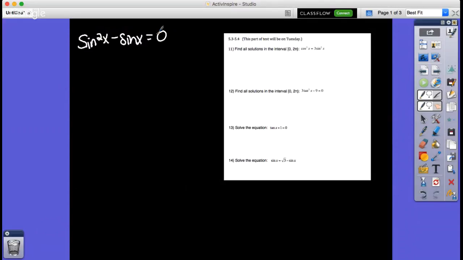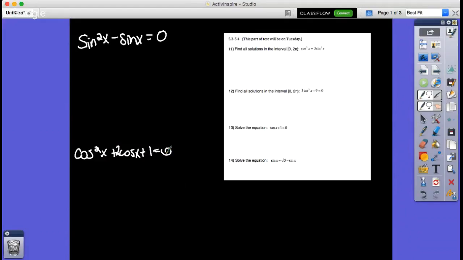Another one to look at, and tomorrow, if you want, ask me about this one: cosine squared of x plus cosine of x minus 6 equals 0. Or even better, I think we had one today that was like plus 2x plus 1 equals 0. We'll do that one too.